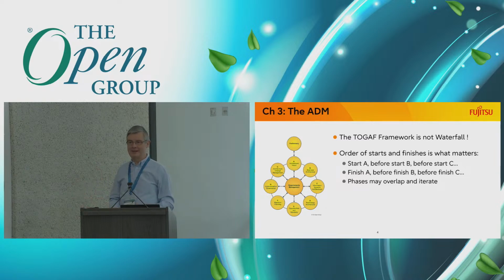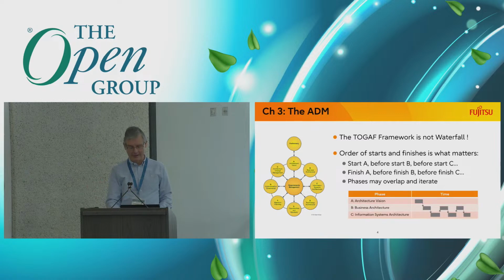Obviously that doesn't make sense. And the flip side of that, how could I confidently say I'm starting work on the application architecture when I haven't even started working on the vision, so I haven't even established the scope of what I'm doing. So there's a certain inevitability to the fact that I have to start things in this order, and that I have to finish them in that order.